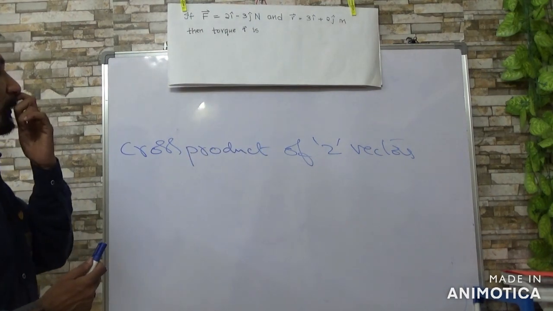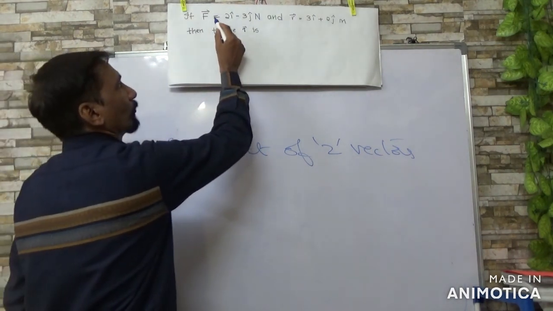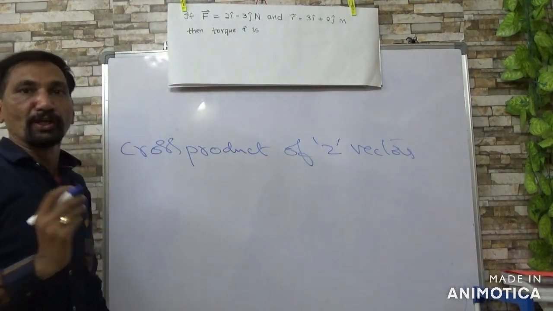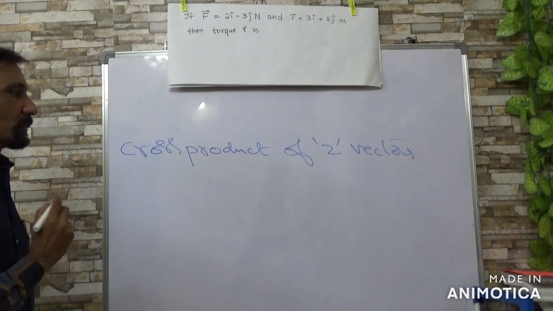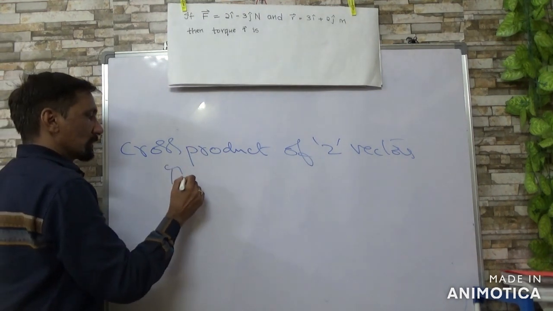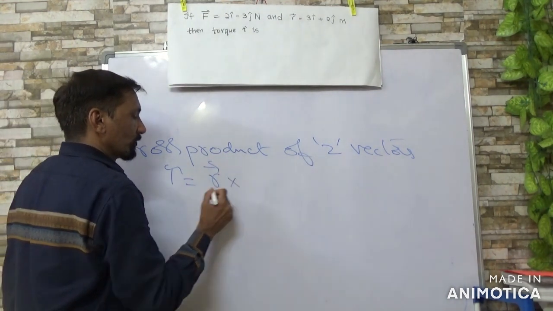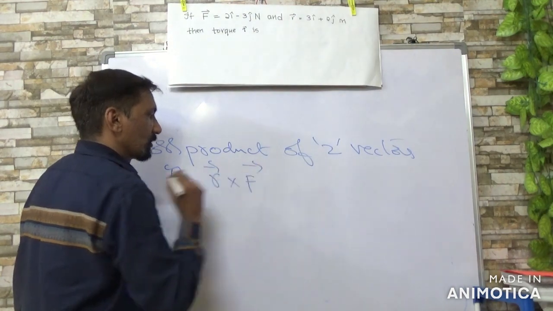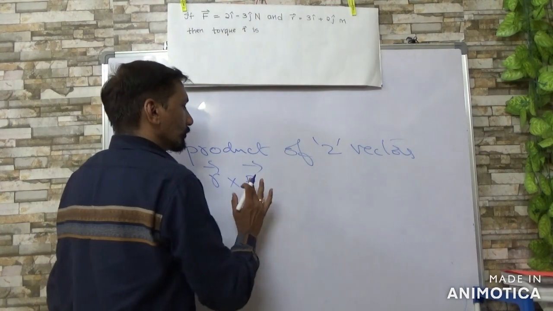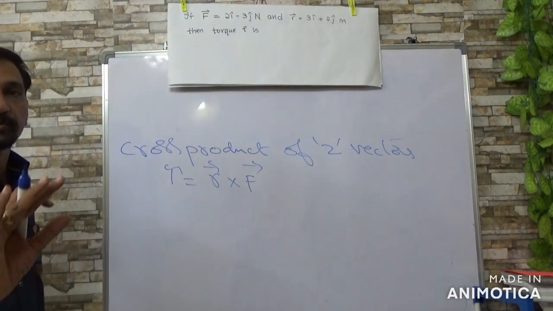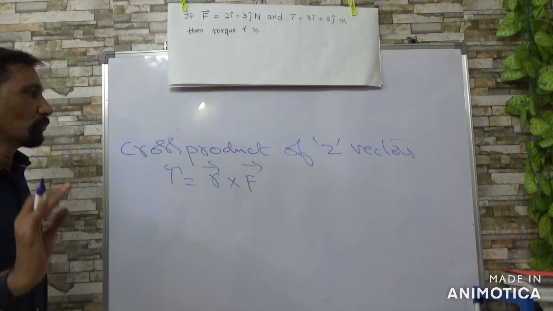In this problem you are given force and also position vector, and you want to find torque. You know torque is a cross product of position vector and force. Cross product will always give us a vector quantity.